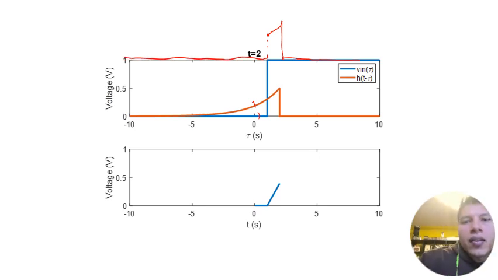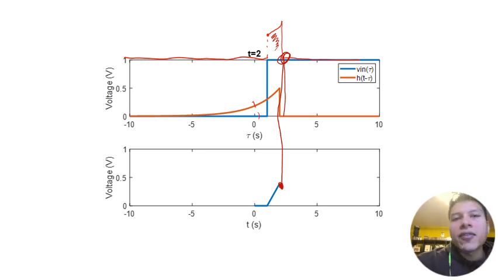Now remember, my output at this time location is actually what's under this curve. But what is the physical meaning of what is under this curve?